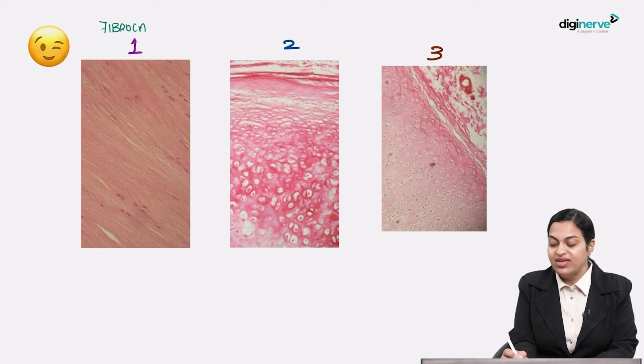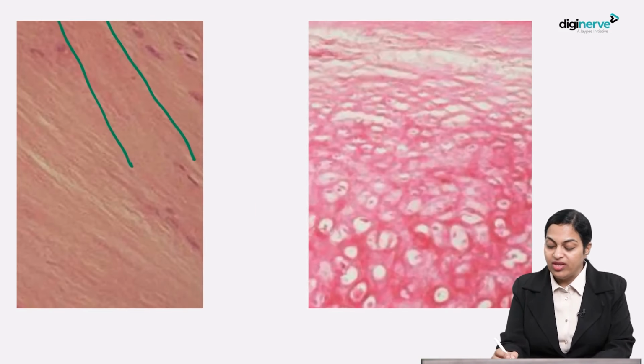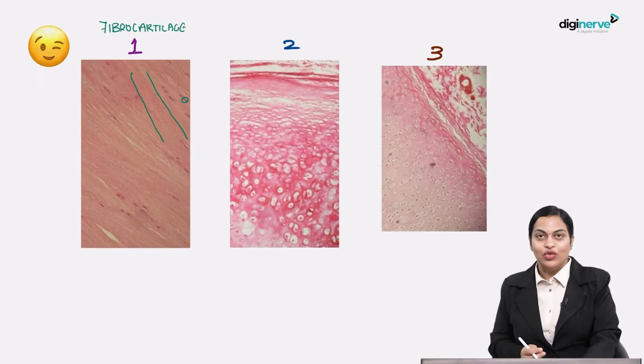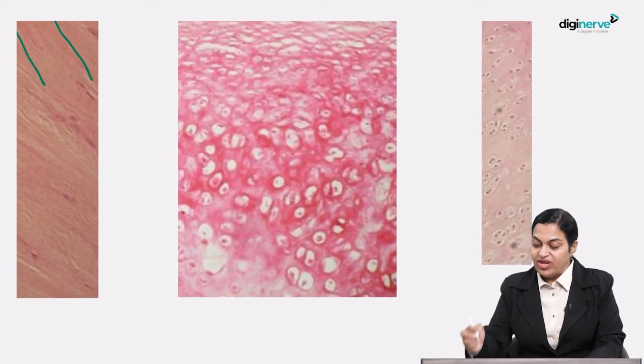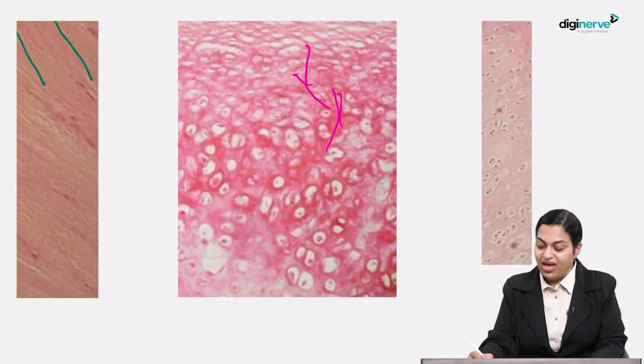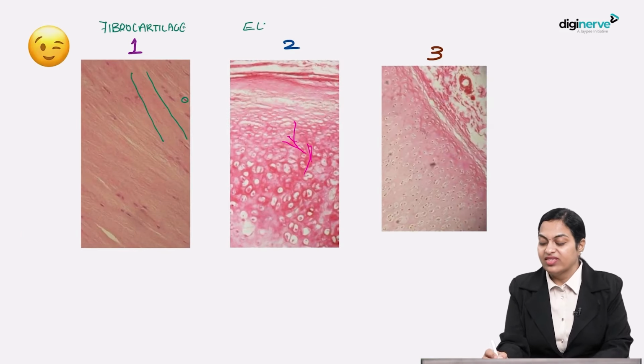Did you guess it right? Abundant collagen fibers, right? Can you appreciate the chondrocytes in lacunae? And 2 is, yes, you can see the eosinophilic fibers in the matrix, right? Elastic cartilage.